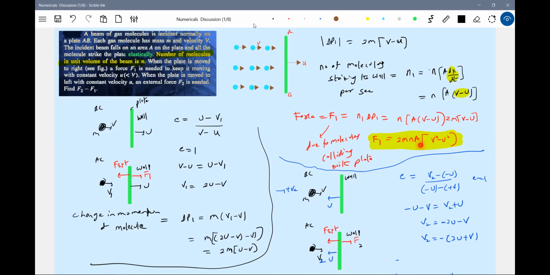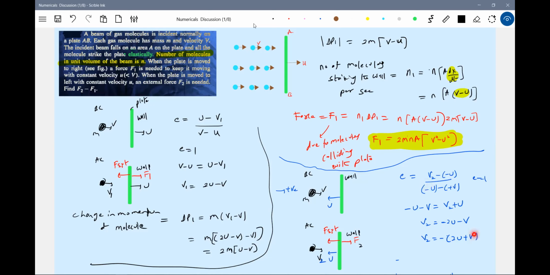Similarly, when the wall is moved towards the left, let the molecule rebound with speed v2. Taking the convention of right as positive, e equals v2 minus u, where the wall moving towards the left I take as negative, minus of u minus of v, and e equals 1.